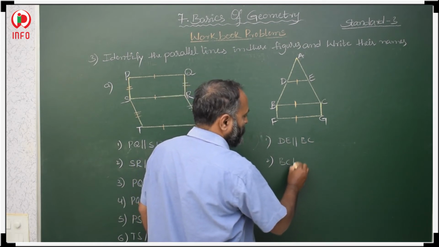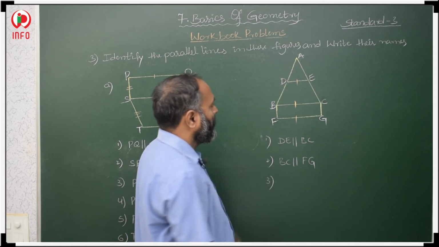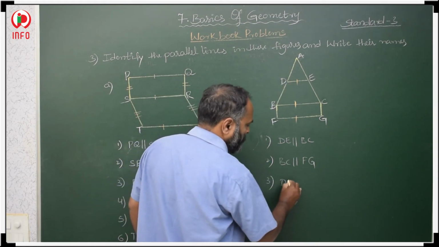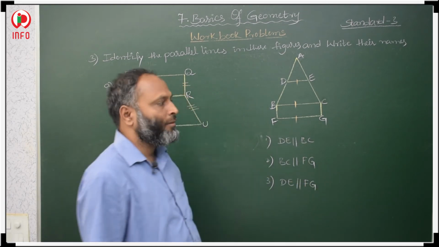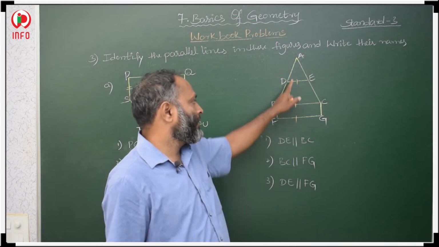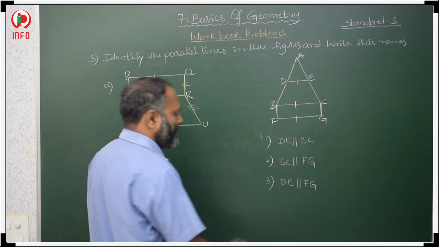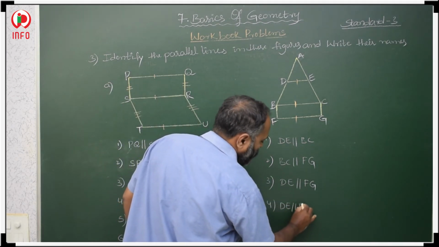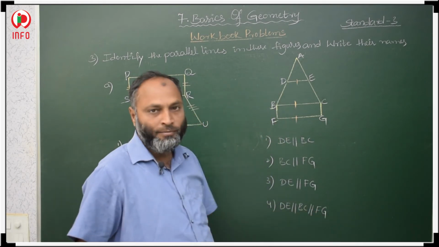Third, these two are also parallel: DE is parallel to FG. First and second parallel, second and third parallel, first and third parallel. The next, all these three are parallel. So DE is parallel to BC is parallel to FG. This is the parallel-to symbol.